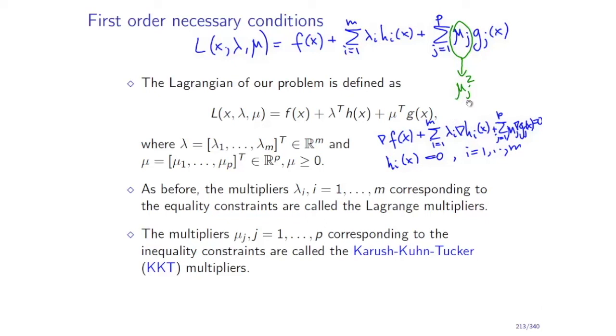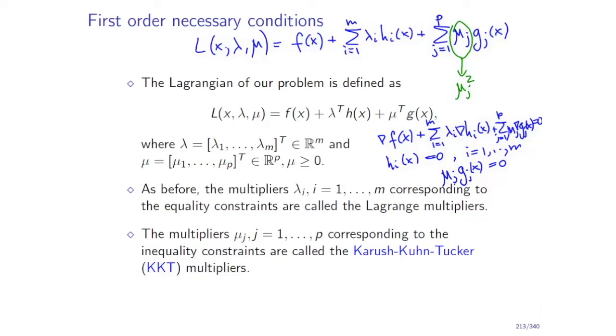Now if I take the derivatives with respect to mu, and remember I wanted to replace mu_j here with mu_j squared just to make sure that I have something non-negative, then 2 times mu_j multiplied by g_j of x is equal to 0, right? And then I can ignore the coefficient of 2 here, and we obtain the complementary slackness conditions.